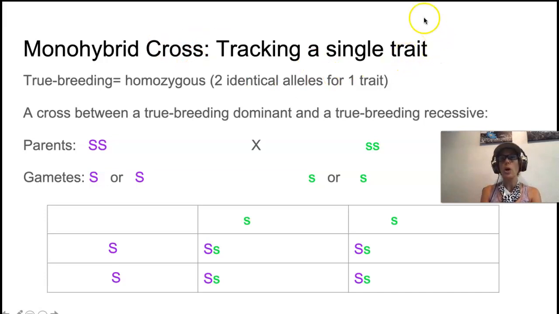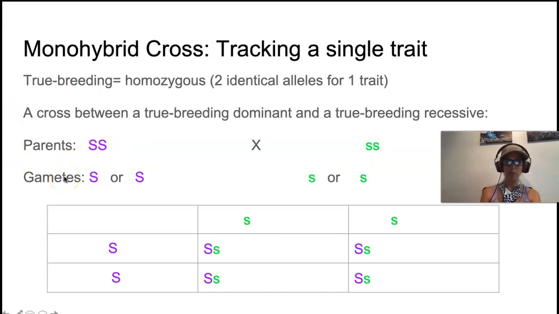So if we're looking at one trait, the true breeding individuals are going to be homozygous. We'll look at a true breeding dominant, so homozygous dominant, two dominant alleles, and a homozygous recessive, meaning two recessive alleles. Those are the parents.